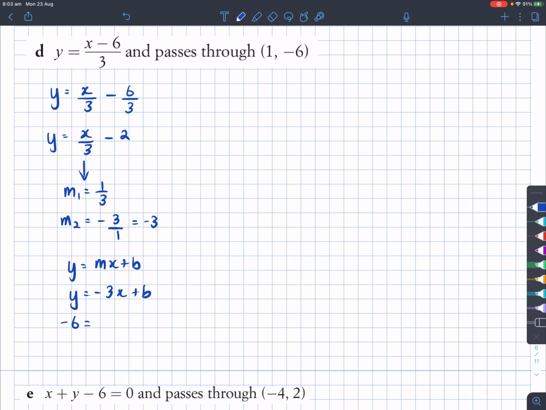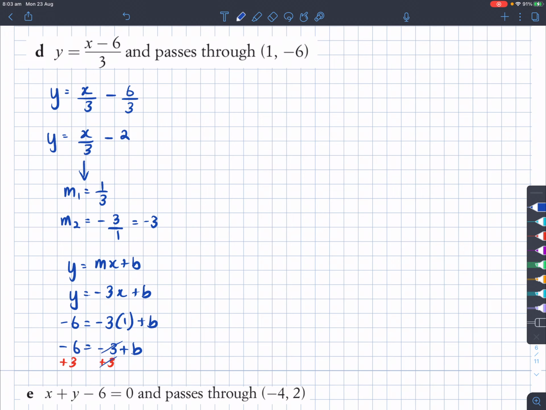So there's my y is negative 6, and x is 1. Okay, like that. So that negative 6 is negative 3 times 1, which is simply negative 3 plus b. And if we add 3 to both sides, then this will cancel.